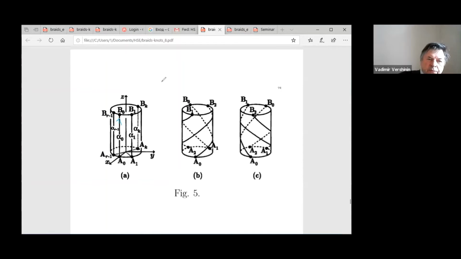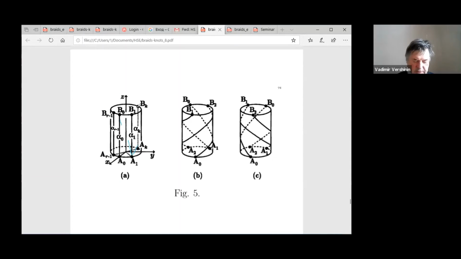But if you put the opposite orientation, then anyway you have your torus link. Without orientation it will be the same.